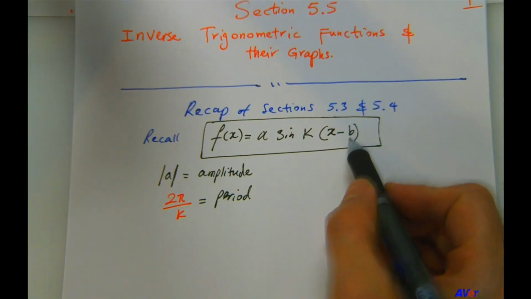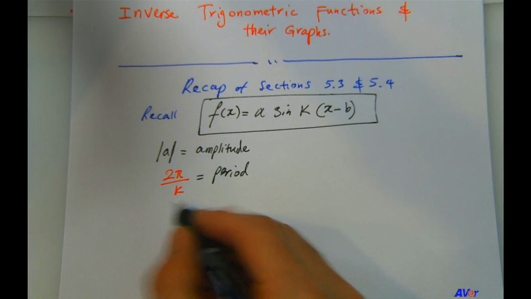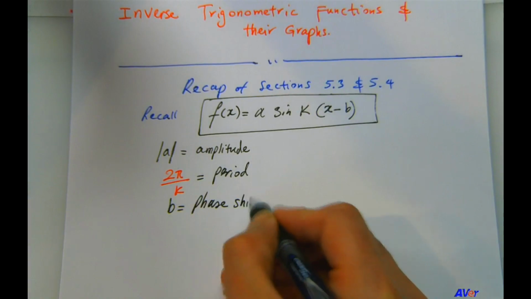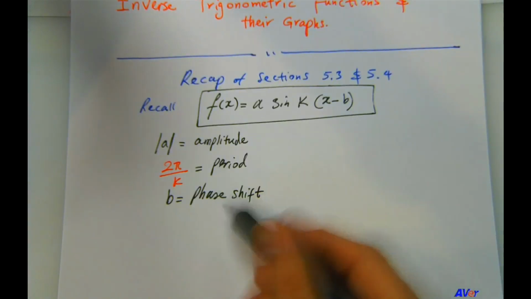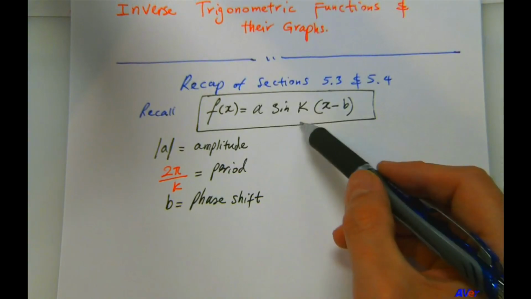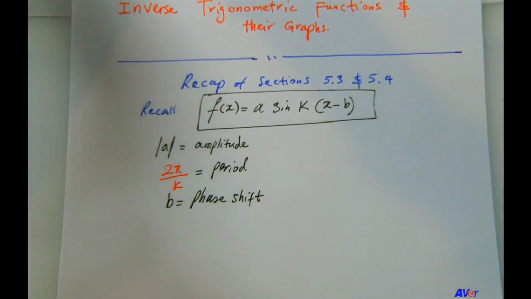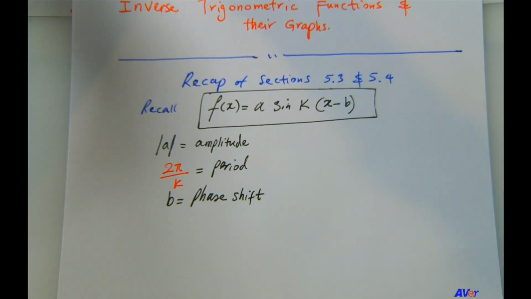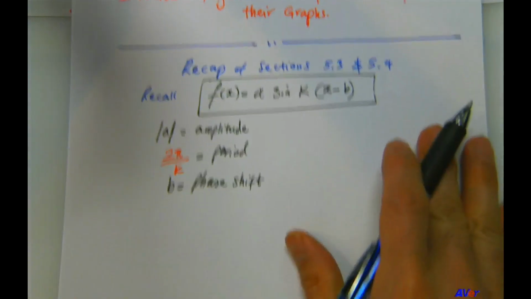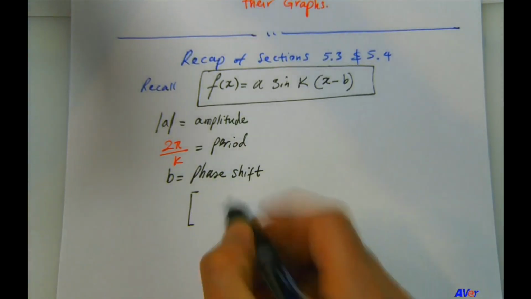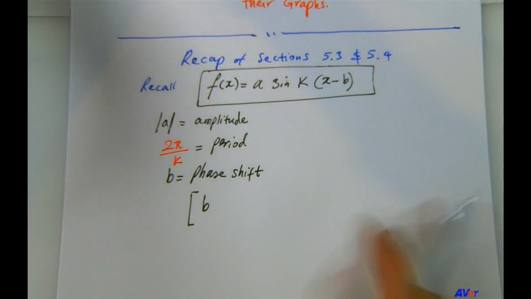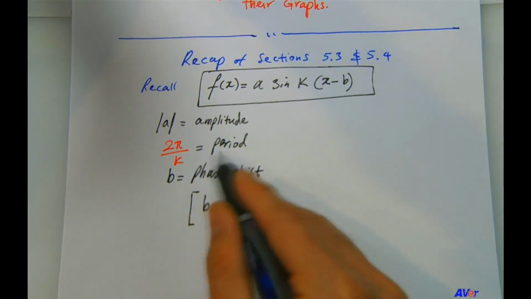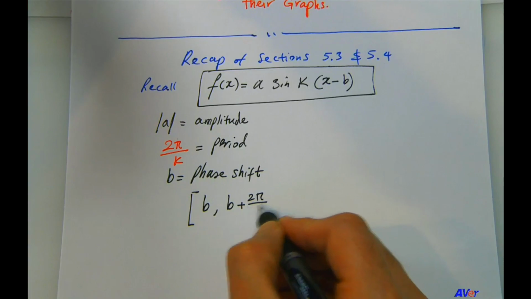And b, of course, was the phase shift. Recall that once a sine function is transformed or moved in some way, we can calculate within which interval the function has moved by using this formula. So we could say that the interval is the bracket b, comma, b plus the period, which is 2 pi over k.